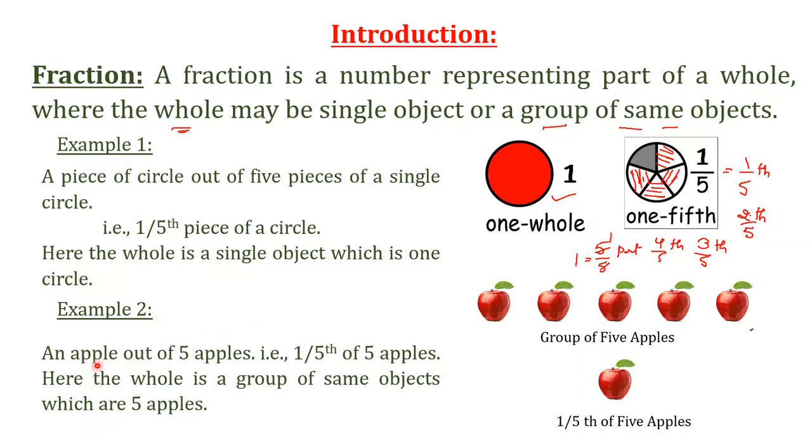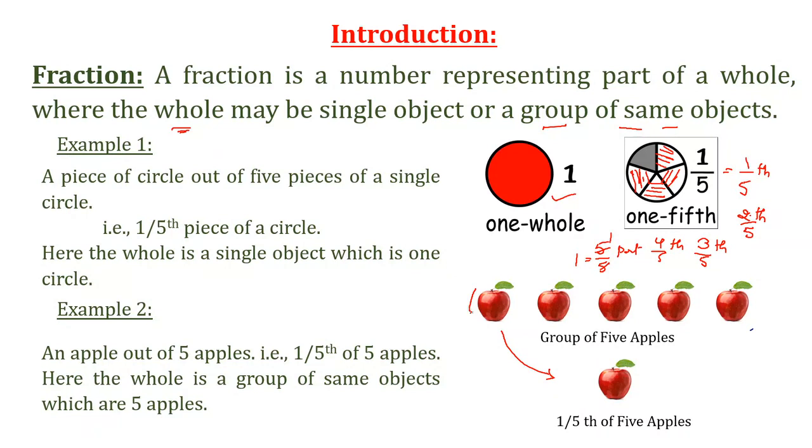So an apple out of 5 apples you can also write as 1/5 of 5 apples. Over here 5 apples I am taking, and out of 5 apples I am taking one apple. That one apple you can write as 1/5 of 5 apples.